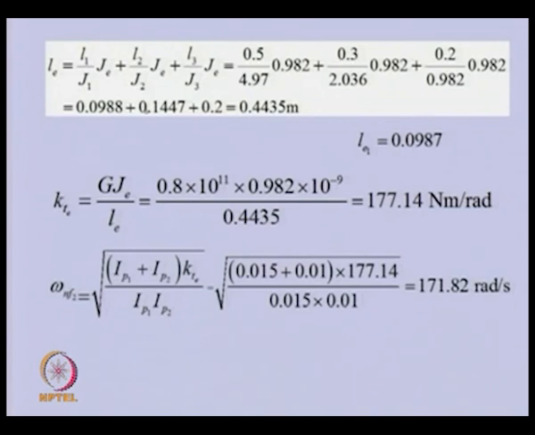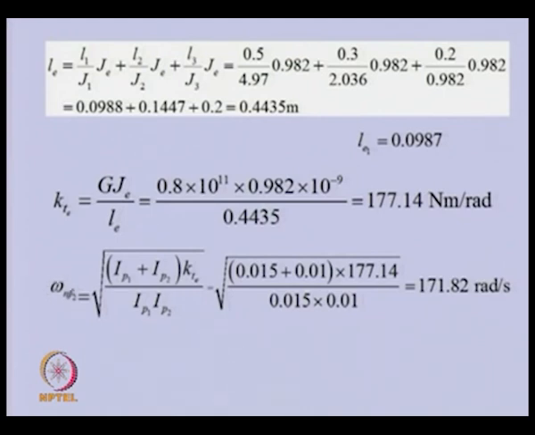So corresponding to this, this is the equivalent length of the shaft. Now we can obtain the equivalent stiffness corresponding to the uniform shaft having a diameter same as the third shaft step.